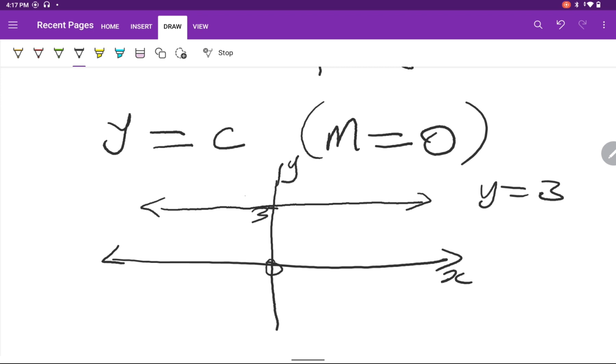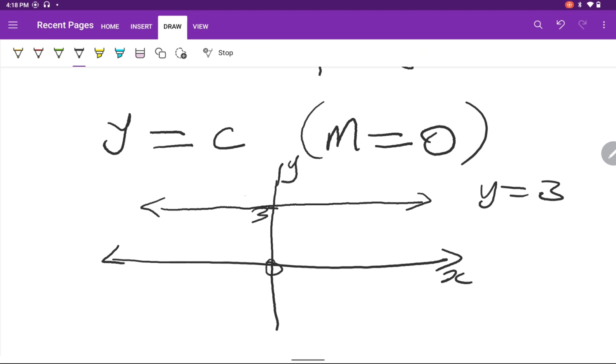So this is the line y equals c, and the gradient of this line is 0. That is the situation where y equals c, where c is the constant.